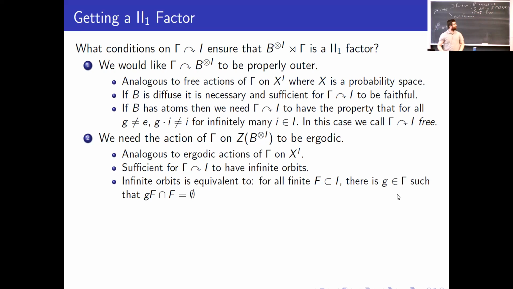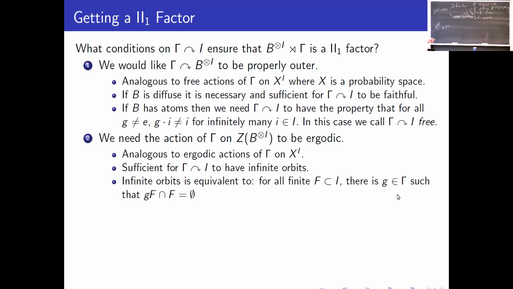And then either of these two things plus infinite orbits. I guess you have to pick this one. It's like a weird menu. You have to pick this one and then one of these two, and you get a factor. Okay, thanks, good question.